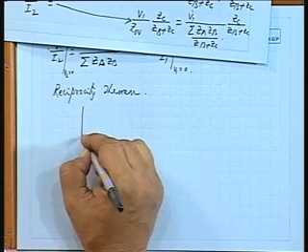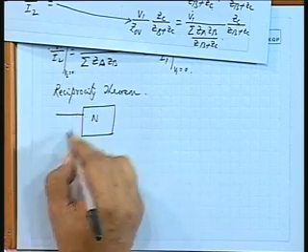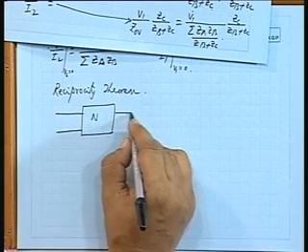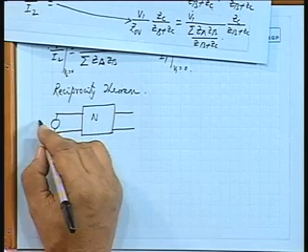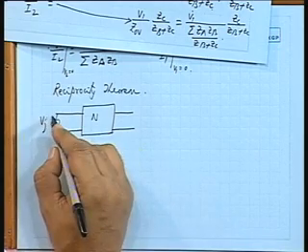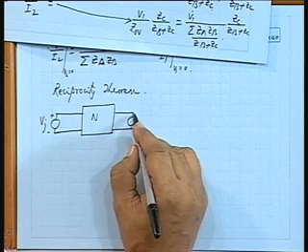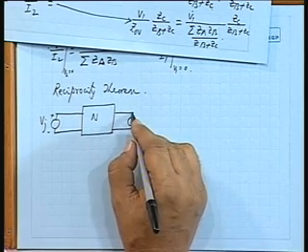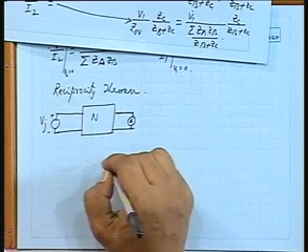So, in general we will write for an N port: this is Vj, this is shorted, this is an emitter.